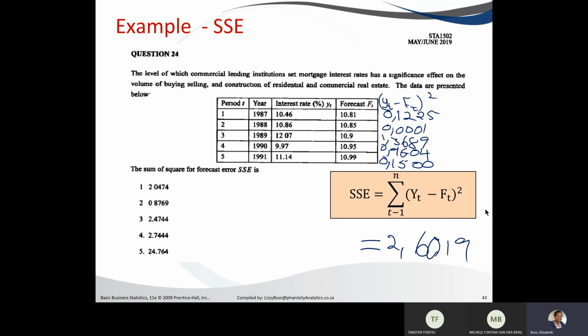So what do you get? Period 4 should be 0.025. Which one? Option 3.